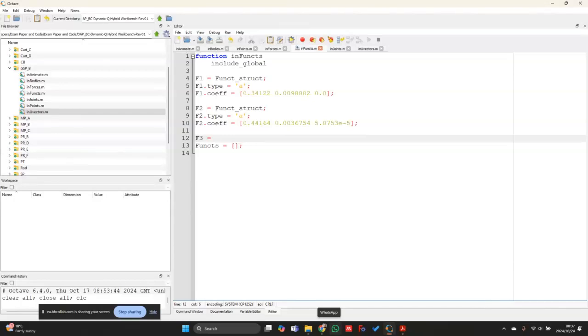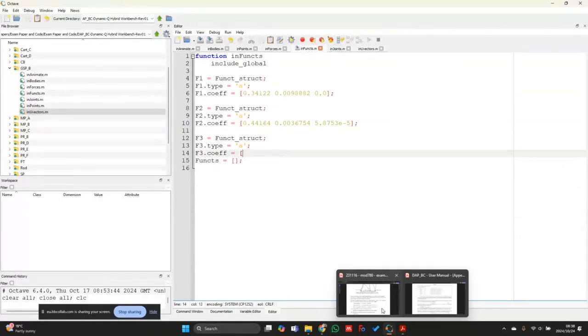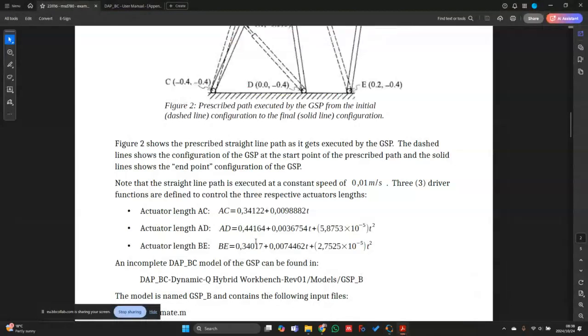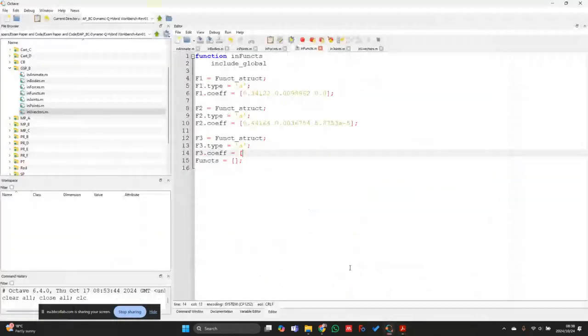And then the same for actuator BE. So this will be funct struct. f3.type is equal to A, and f3.coefficients is then equal to whatever we have over here. So 34017.